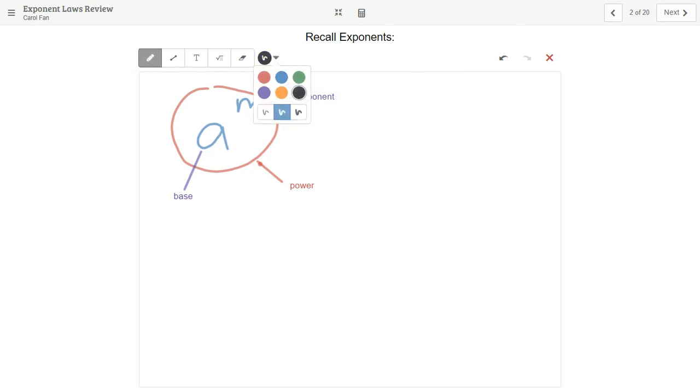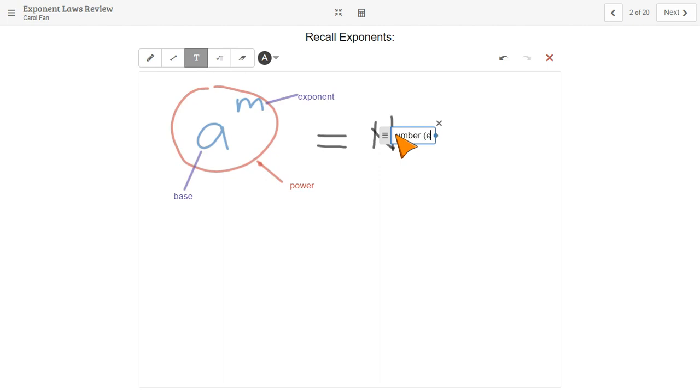Now, this would give us a number if we decided to expand it. But sometimes we prefer to keep things in power form because the number can be a very large number.